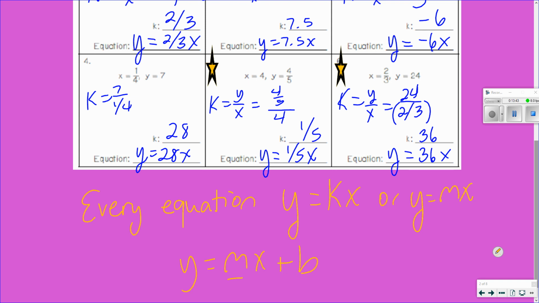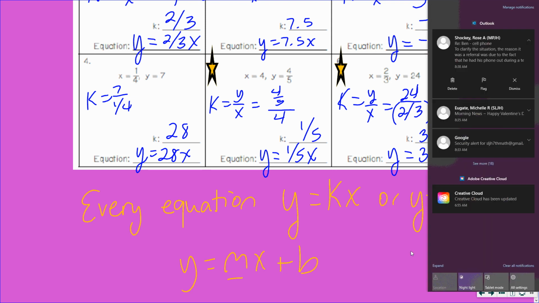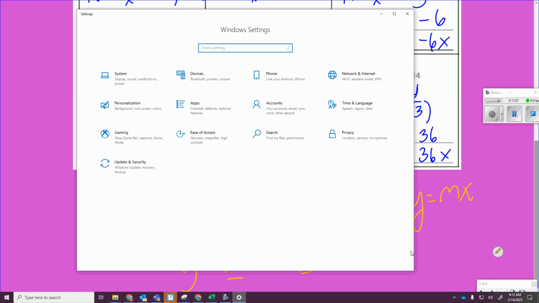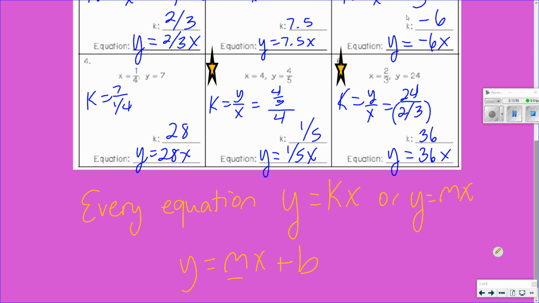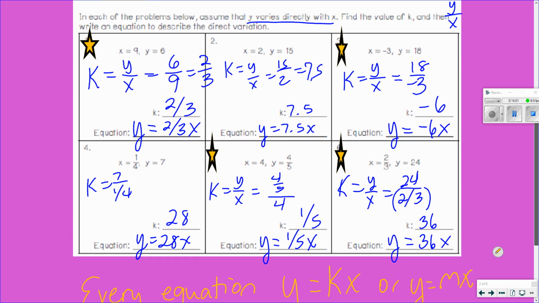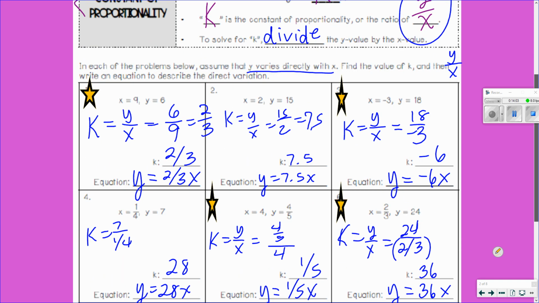And K stands for what? It's in your notes. Constant proportionality.